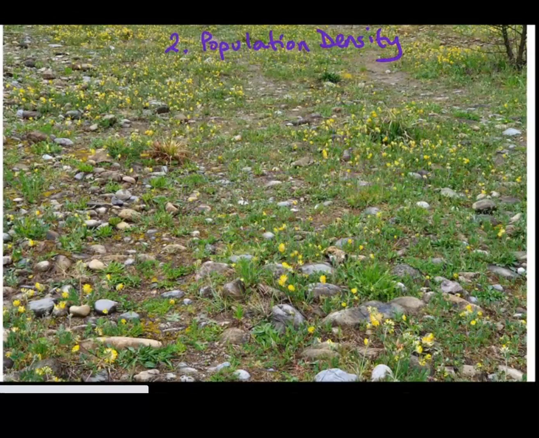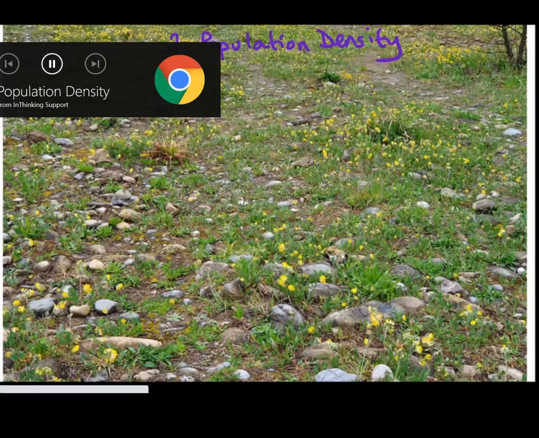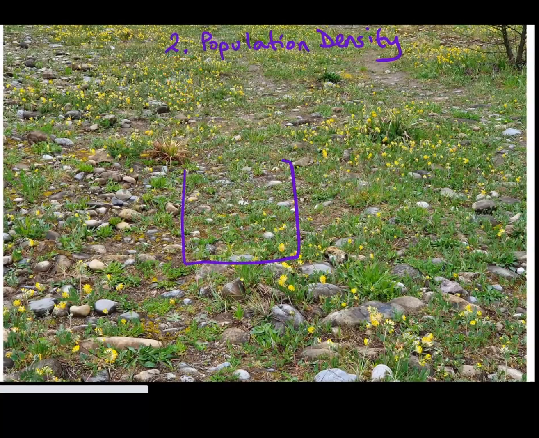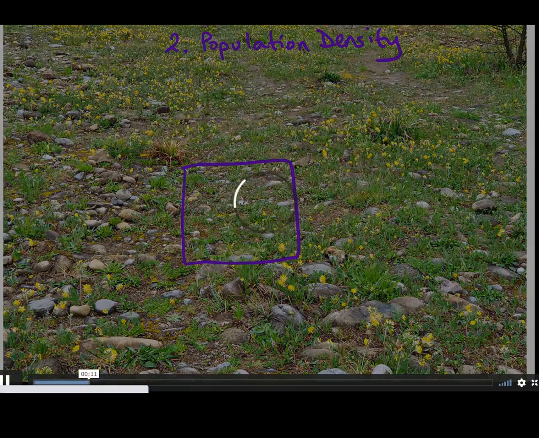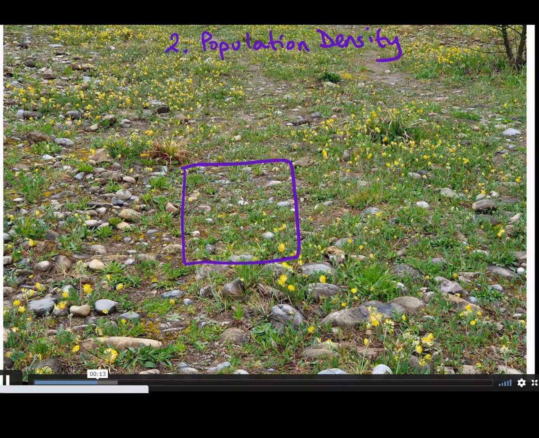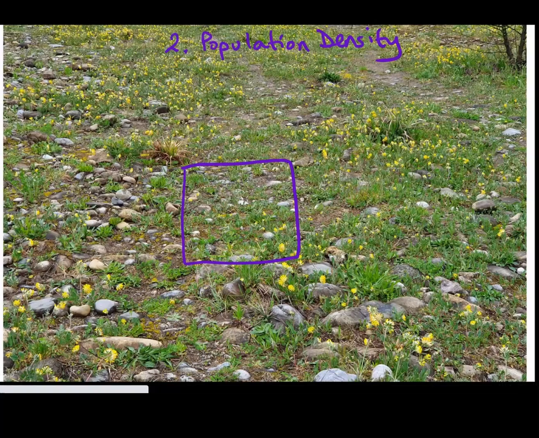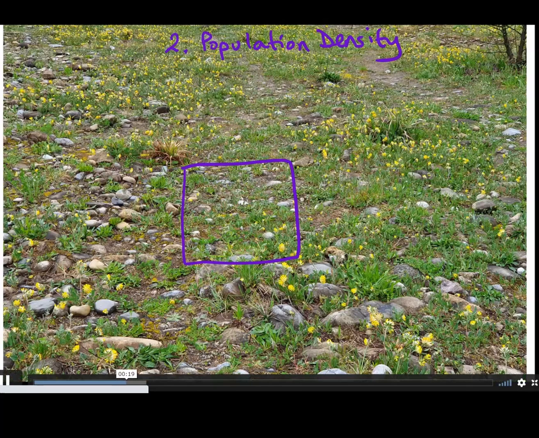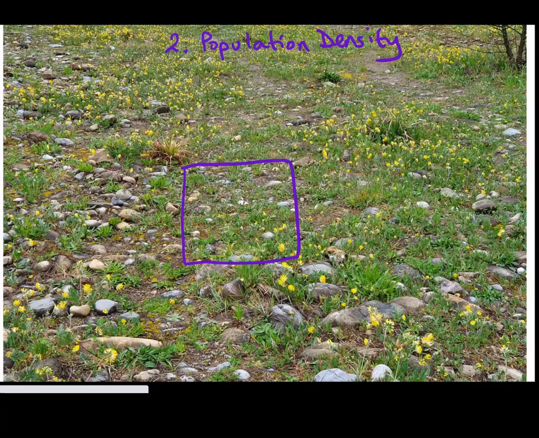Okay, now we're looking at population density for the plants. And what you do in this measure or estimate of plant populations is that you're going to do a fairly similar thing to the actual counts, but this time what's important is that you have the number per area.